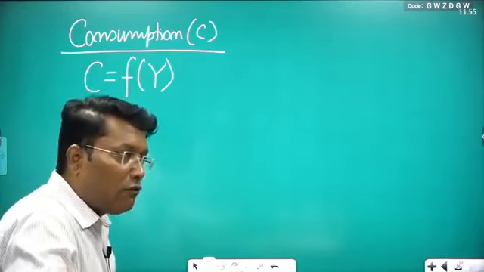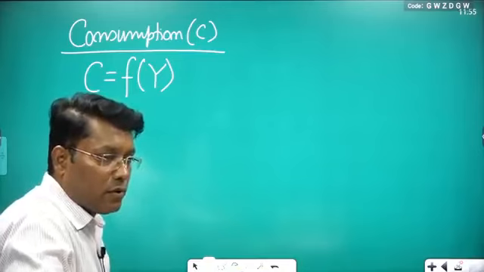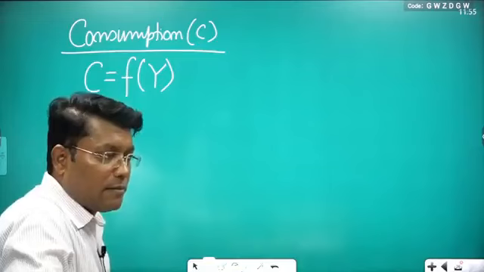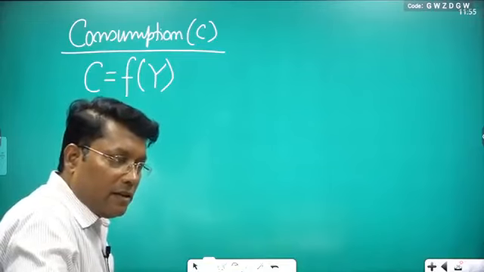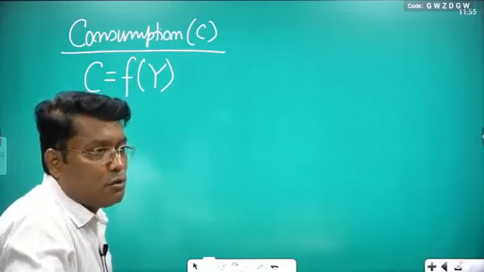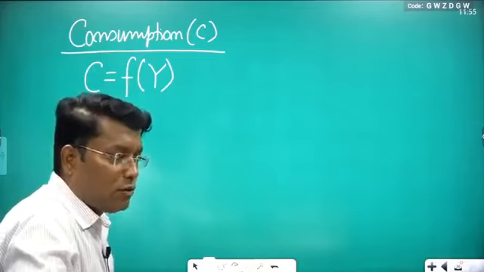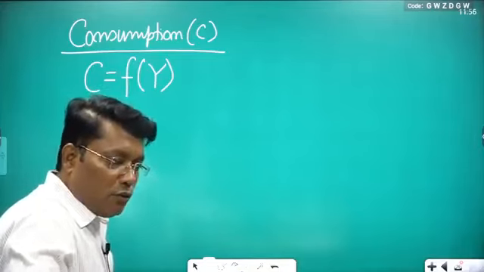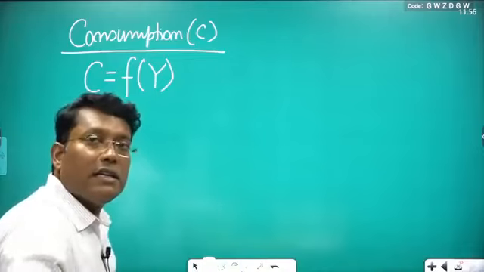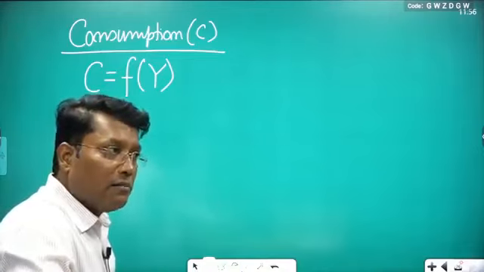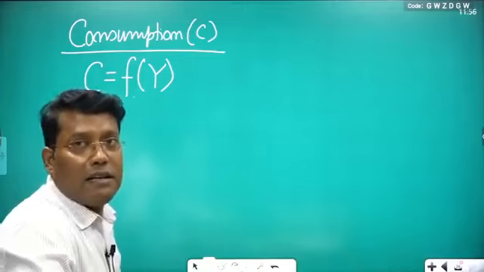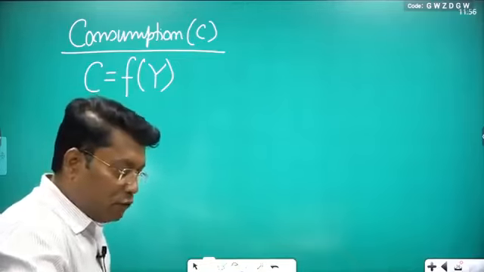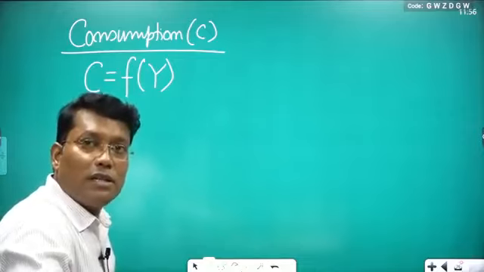On the other hand, if level of income decreases, then level of consumption will also decrease. If you want to write in one word, you can write that consumption and income are directly or positively related, meaning if one variable is going upward, the other is also going upward.